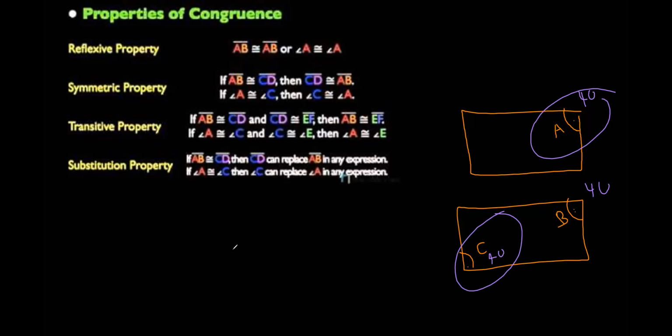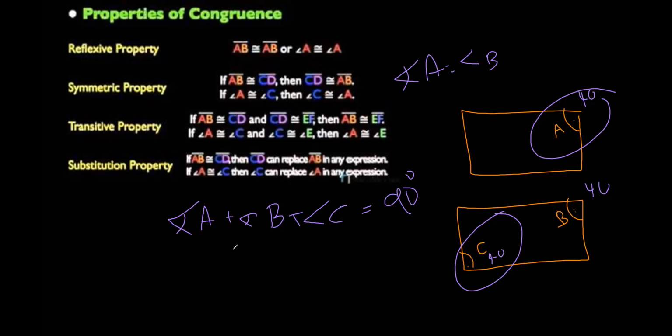And the last one here, we call it substitution. If angle A plus angle B plus angle C is equal to 90, and angle A is equal to angle B, can I substitute or replace angle B instead of A, or A instead of B?